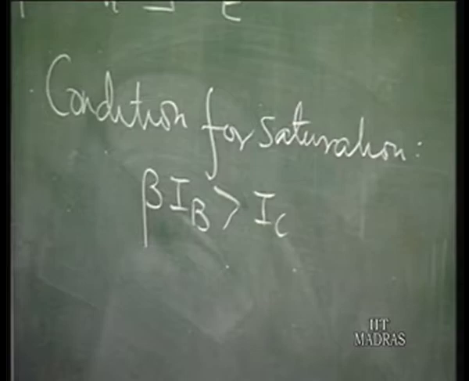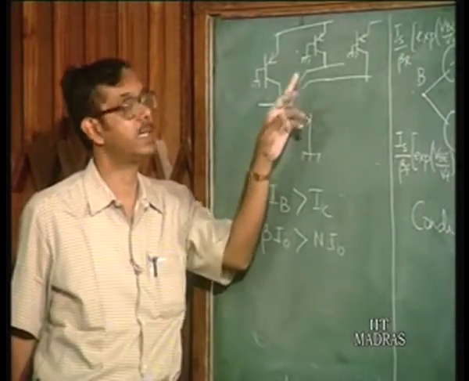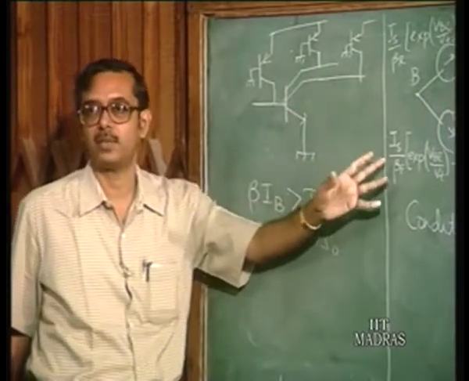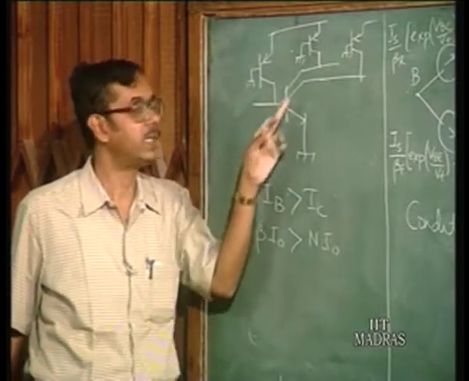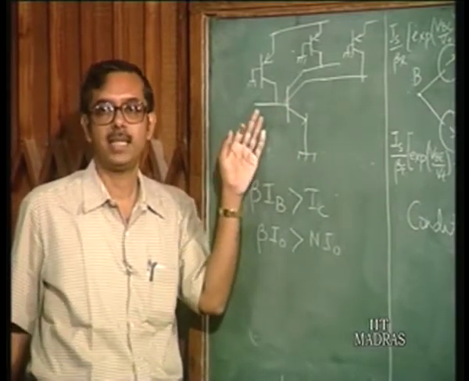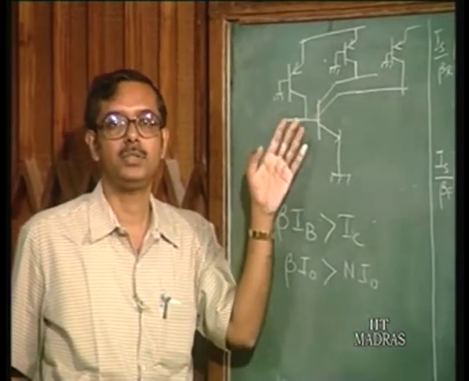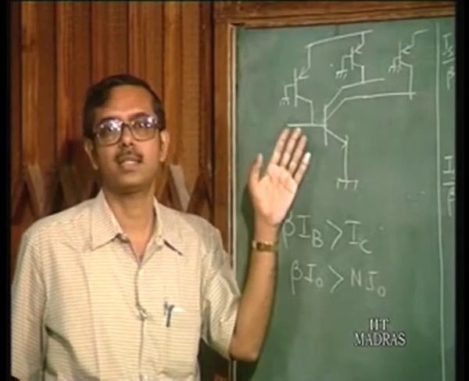What is the value of Is that we are going to take for this? What we will assume is that a multi-collector transistor consisting of n collectors usually consists of n transistors in parallel.